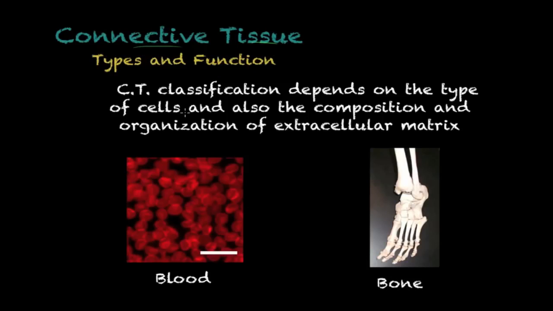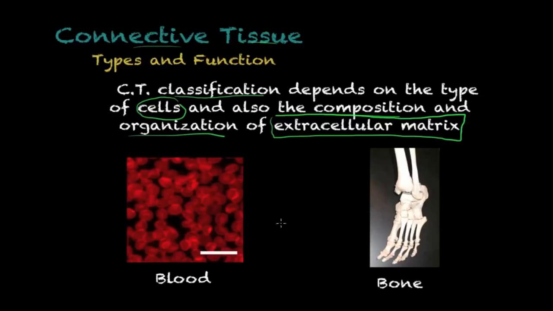There are many types of connective tissue in your body, and the way that you classify, or subclassify as you wish, these types of tissue depends not only on the types of cells, but also and most importantly on the composition and organization of this thing called extracellular matrix, or the material surrounding the cells of the connective tissue.